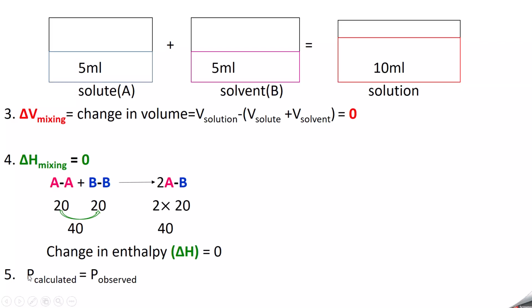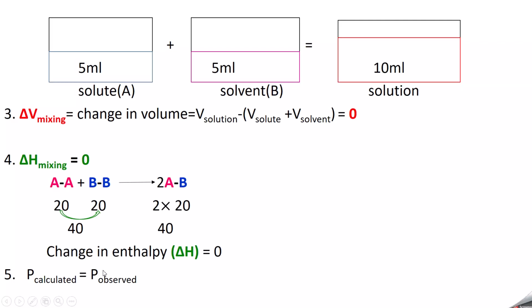Then the fifth condition: the total pressure calculated by Raoult's law, the theoretical calculation using a formula derived from Raoult's law, should be equal to the pressure which is experimentally observed using a manometer. That is, delta P should be equal to 0.